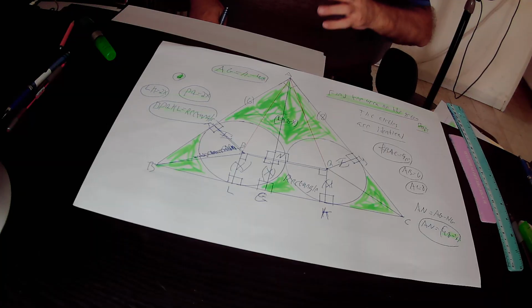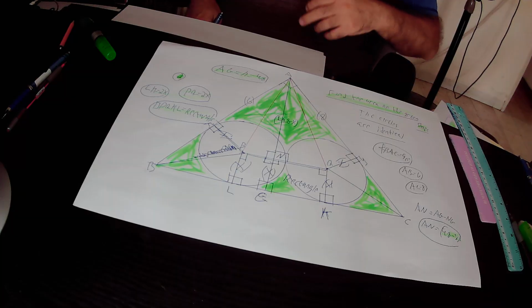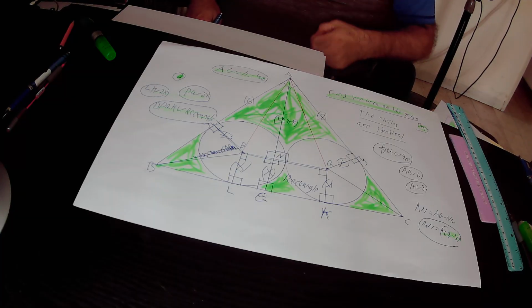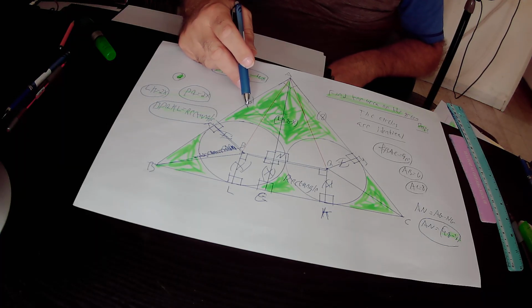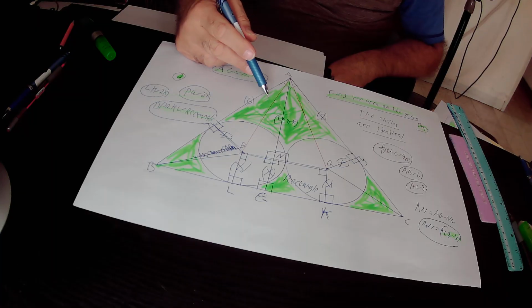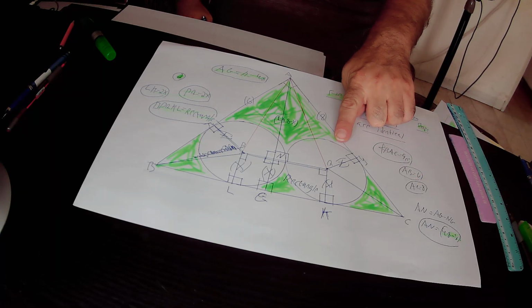So, by doing all those constructions, we divided triangle ABC into 6 parts. This is the first part of triangle ABC, that is actually the small triangle APB. This is the second part, that is actually the small triangle AQC.